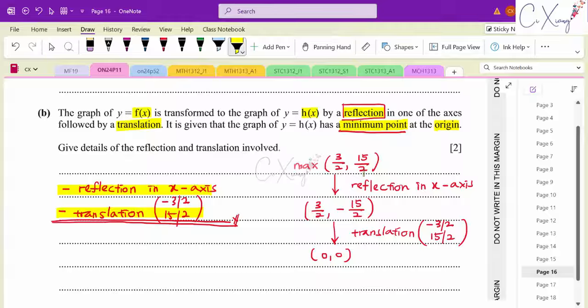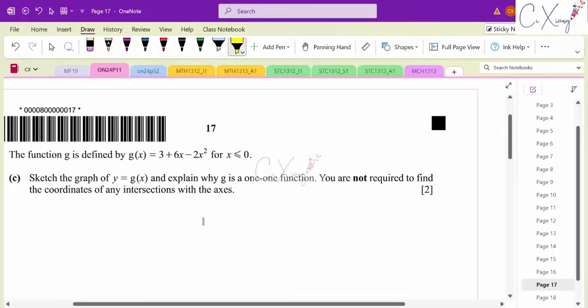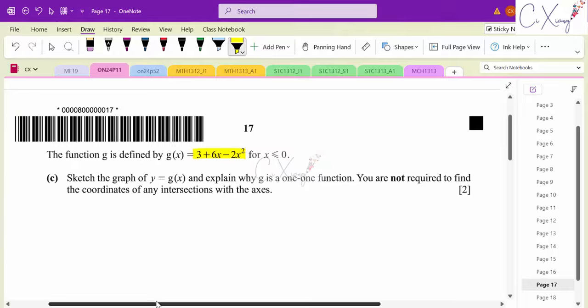Alright, so when we have one particular coordinate to refer to, it will be much easier for you to visualize the whole thing. Okay? Then let's have a look at part C. For part C, they define the function g(x) by this one. So try to have a look at the functions g(x) and f(x). Basically, the expression is the same.